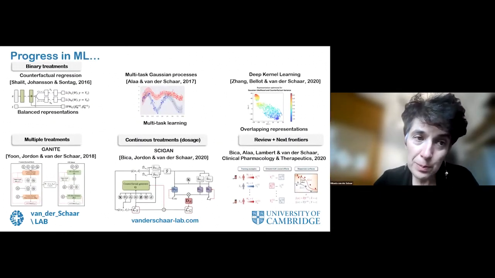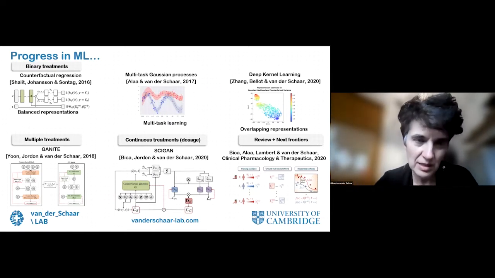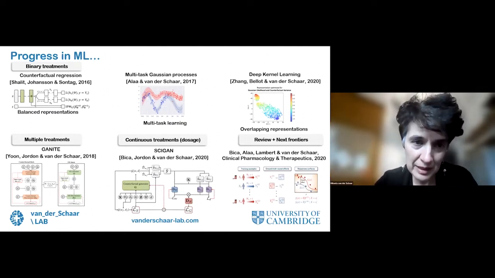There has been tremendous progress in the last 6 years on this problem of learning individualized treatment effects from observational data. Early progress was around 2016 from MIT, and then you see a variety of works, and our own lab has done a significant amount of work to solve problems in binary treatment effects, multiple treatments, continuous treatments such as dosage, treatment effects over time, and many other settings.